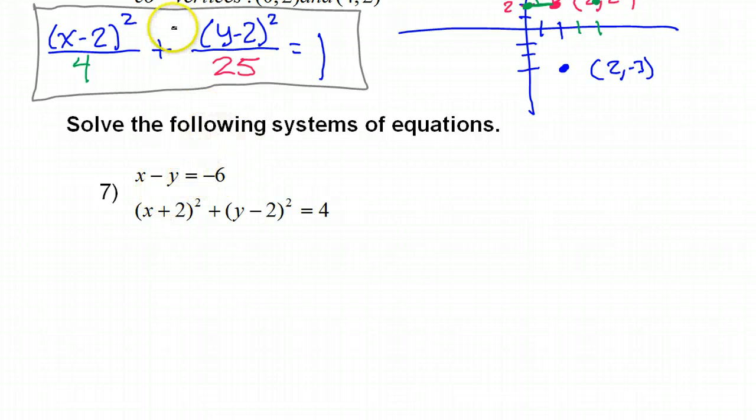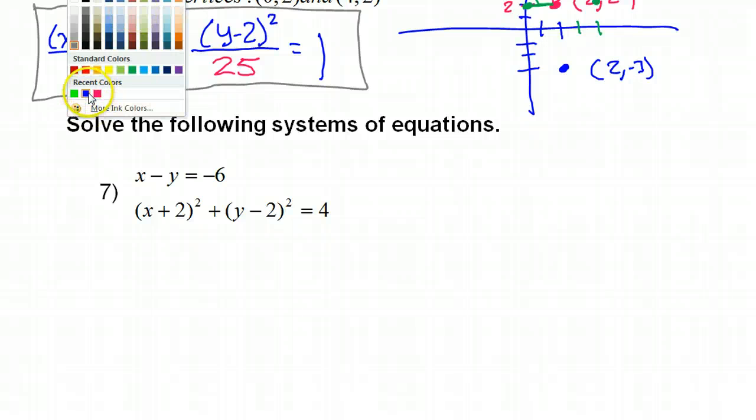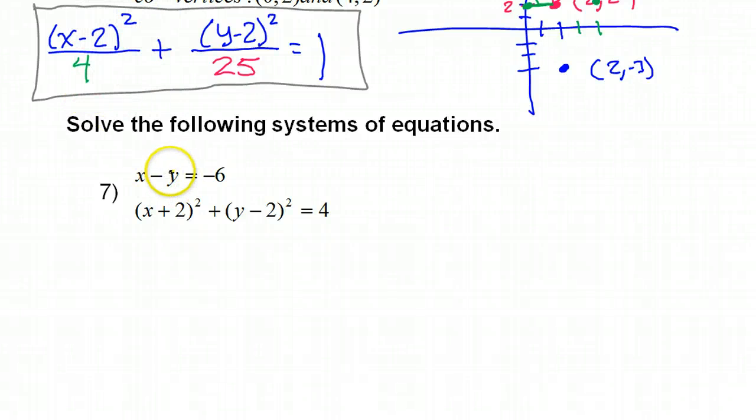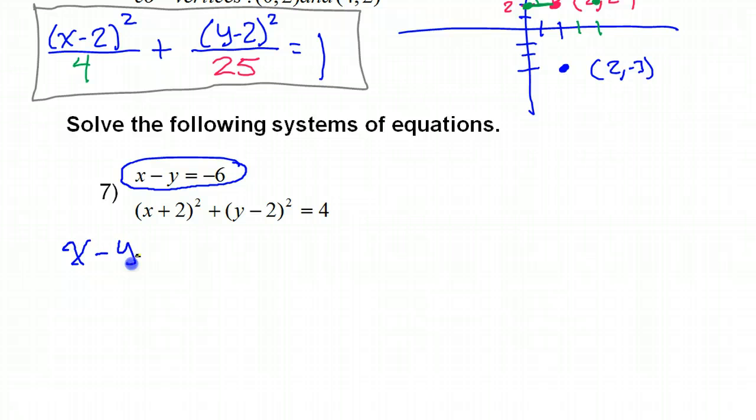For substitution, you need to take one of the equations and get a variable by itself. So for example, let's look at this equation. Okay, I'm going to move it over. So I've got x minus y is equal to -6.